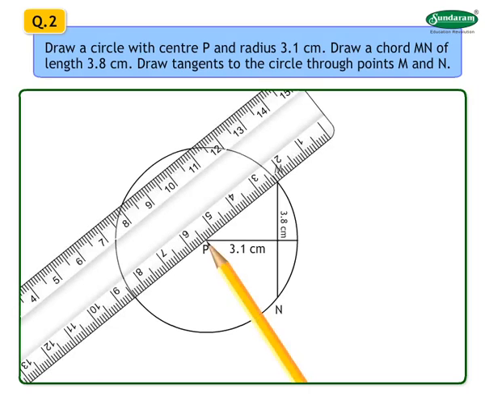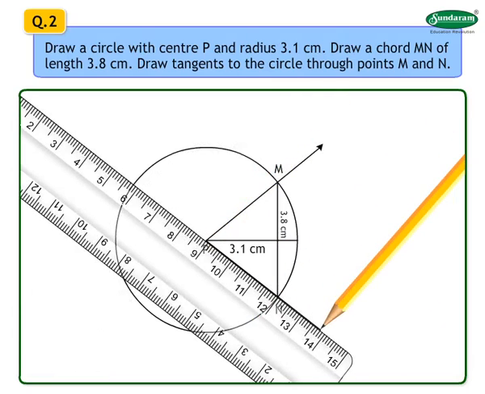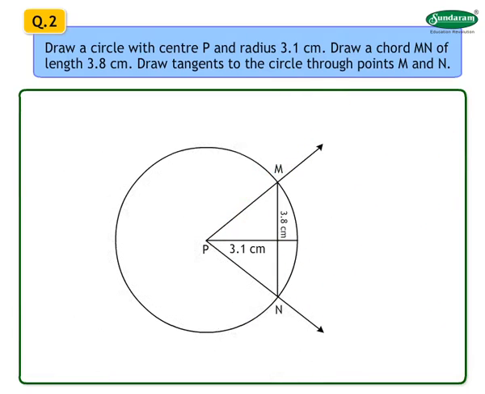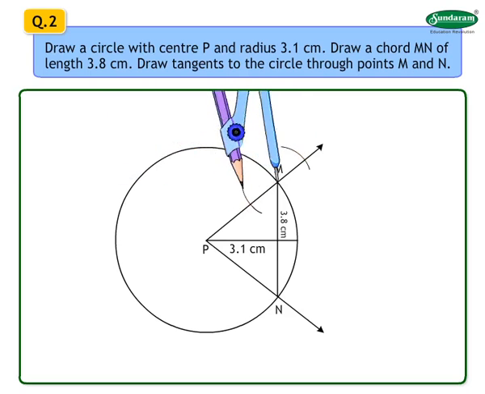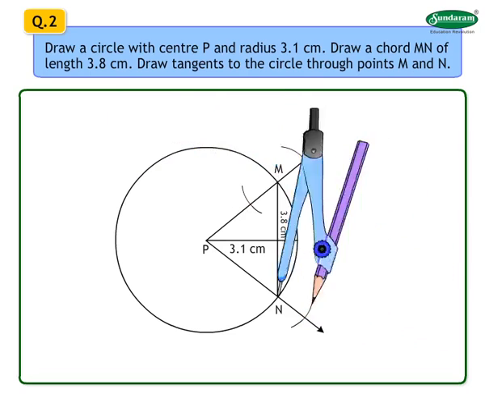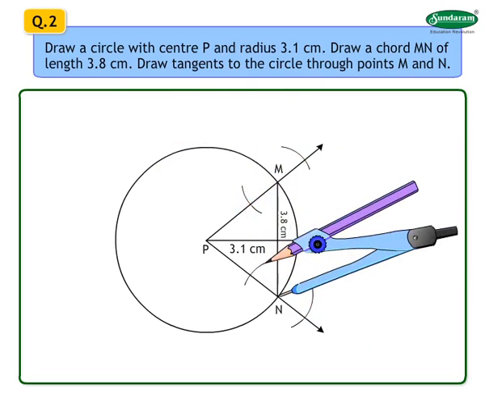Now, draw rays PM and PN by extending the radii PM and PN. Take a convenient length of PM and PN, keeping the point of compass first on point M. Draw two arcs bisecting ray PM, then draw similar arcs from point N bisecting ray PN.